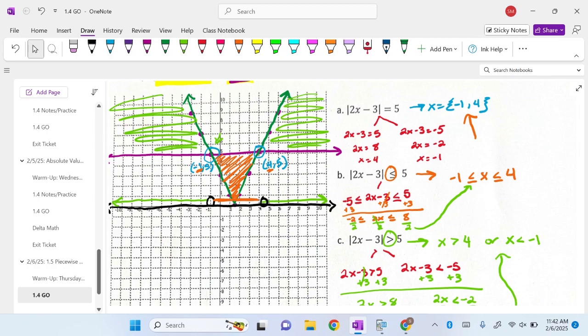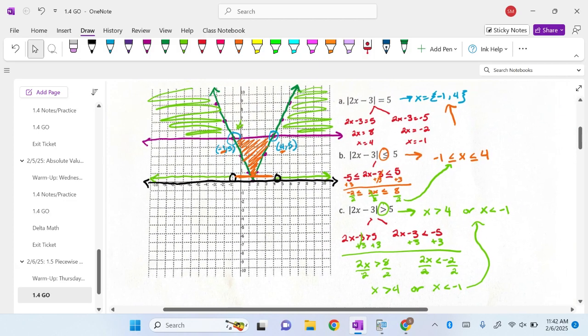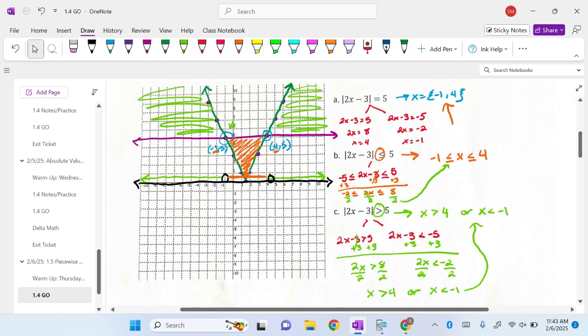We only care about what's going on the x-axis, because your answers are written in terms of x. After you finish graphing the equation, you're just going to pretend it's one big number line, just the x-axis, all right? Does that make sense? This is a good summation of what we've been doing for the past 2 days.